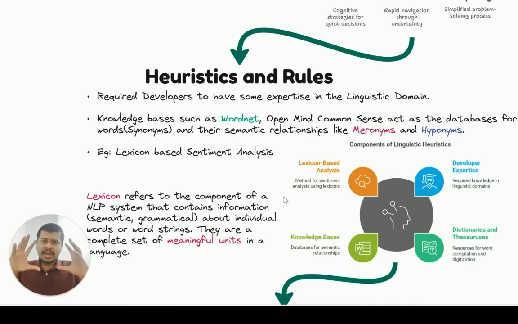The difference between the digitized dictionaries and the knowledge base is mainly this. The knowledge bases have even the comprehensive semantic relationships between the words. Dictionaries have only the words and their meanings, right? Just synonyms, that's all, and the usage, like for a particular word, how it is used in a sentence. That could be the highest amount of knowledge that you can gain from a dictionary.